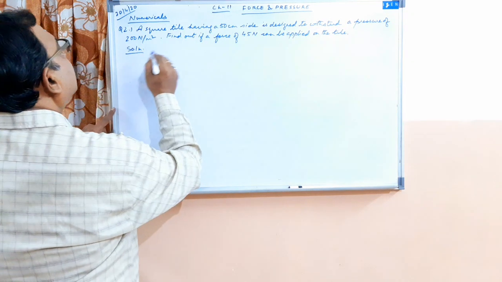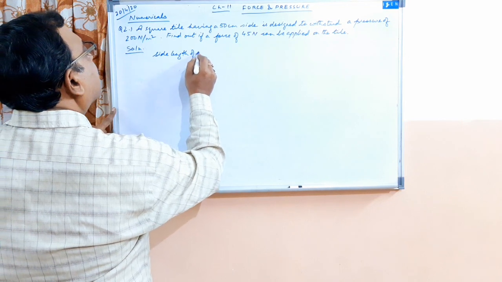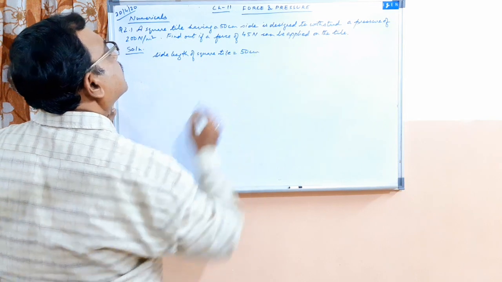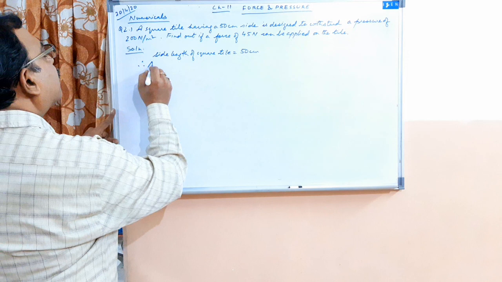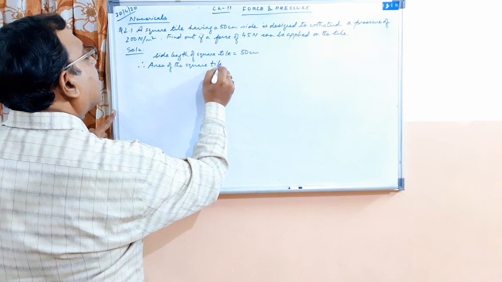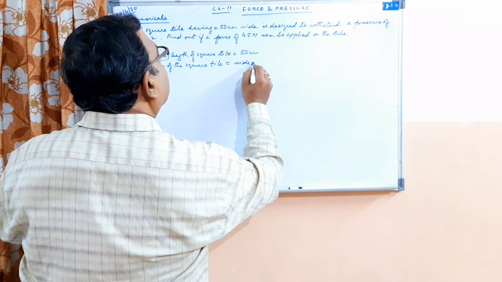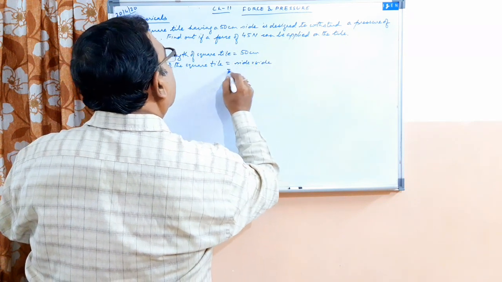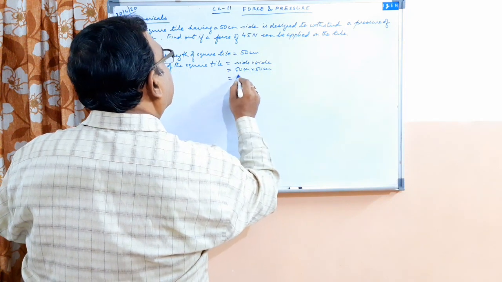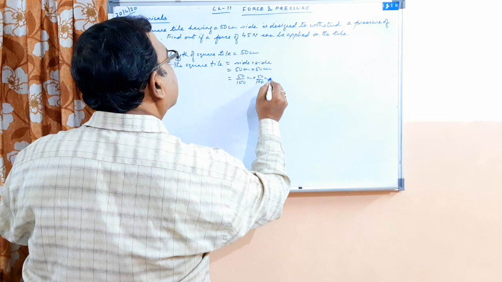First you write down, side length of square tile is given as 50 centimeter. Therefore, area of the square tile is side into side, that is 50 centimeter into 50 centimeter, that is equal to 50 by 100 meter into 50 by 100 meter.